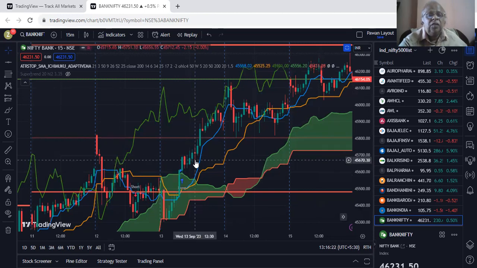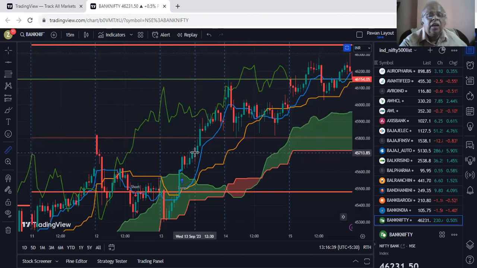From here, you move back 26 periods to see the high, meaning the body we are looking at. We are not considering the wick here.